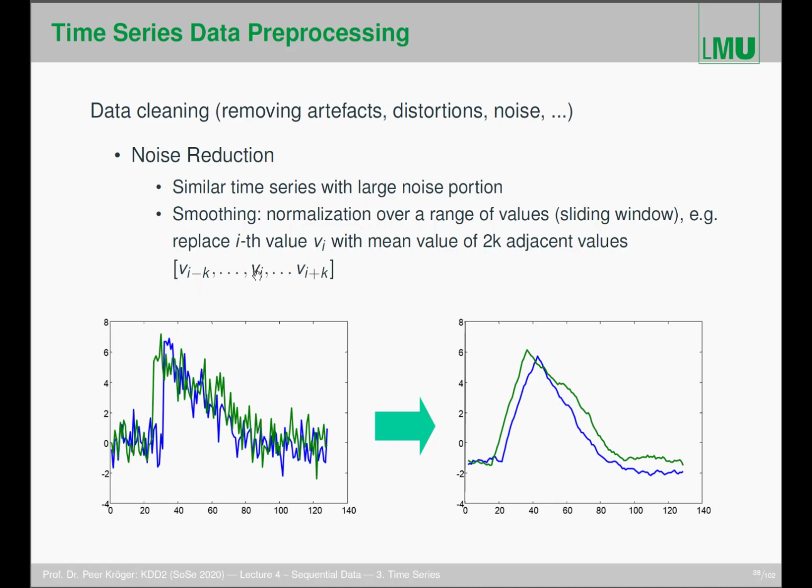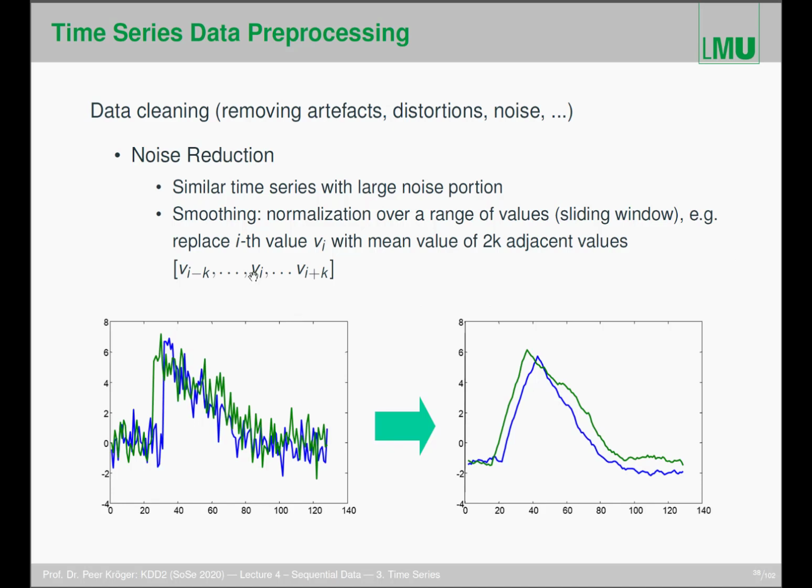So you take this value here, I, and replace it by the mean of this whole window here, and the whole window has a size of 2k values. You look at k values to the left and k values to the right, take the mean value of all those 2k values, and replace the middle one with the mean value, and then you just shift this sliding window over the whole time series.